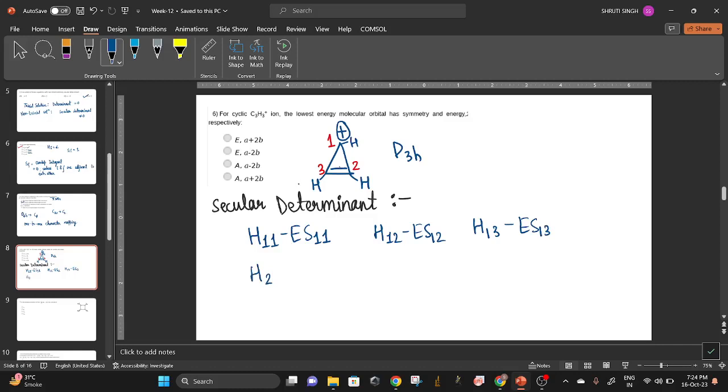There are 3 atoms, so the secular determinant will be a 3 cross 3 matrix.